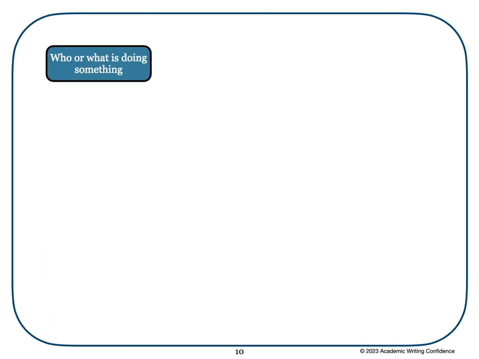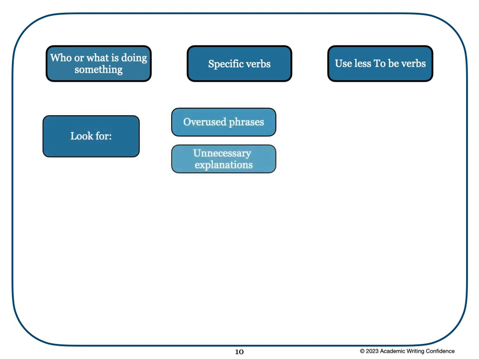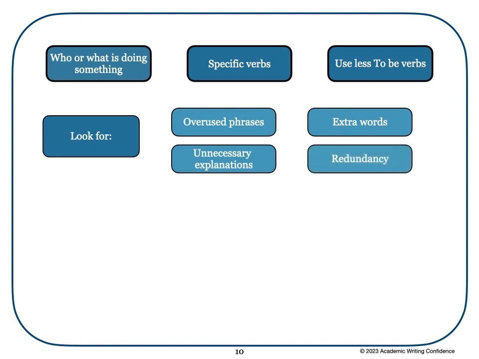So to review, to write more concisely, we should write who or what is doing something at the beginning of a sentence. We should use specific verbs when possible, use less to be verbs, and look for overused phrases, unnecessary explanations, extra words, and redundancy.